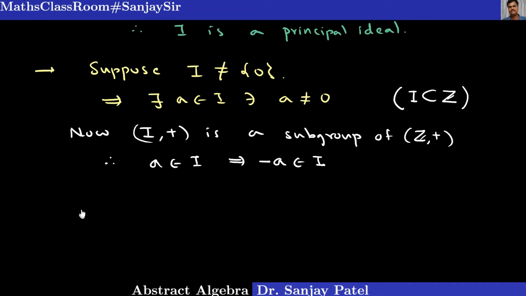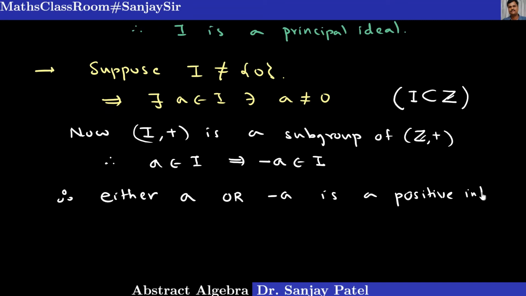Therefore, either a or minus a is a positive integer, because a is non-zero. That means the set I has at least one non-zero positive integer.